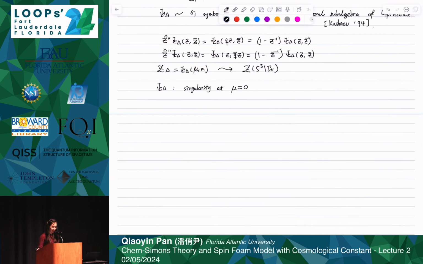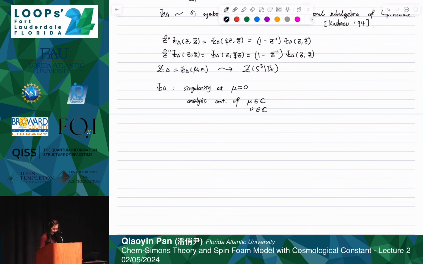So how do we deal with that? The way to solve this problem is to do the analytic continuation. So we perform the analytic continuation of the variable mu. So I let it take values in the complex plane. Then its conjugate momentum, nu, must also take complex values.